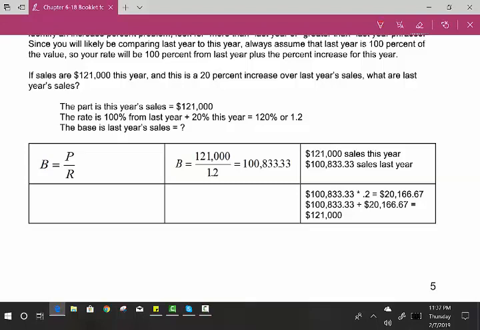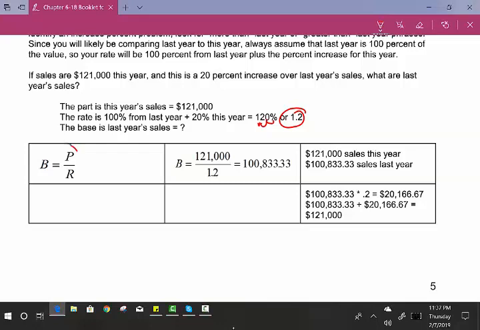So the part is this year's sales of $121,000. The rate is 100% from last year plus a 20% increase this year to give us 120%. Then move the decimal 2 places to the left to make it 1.2 for the entry that you'll use for the calculator.